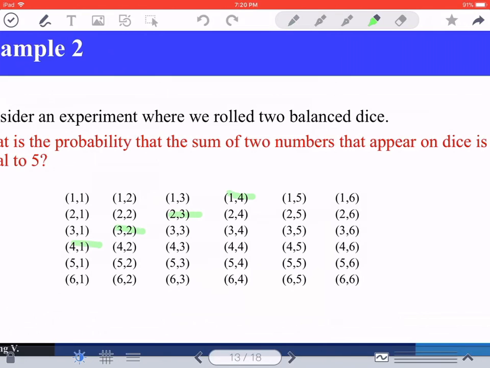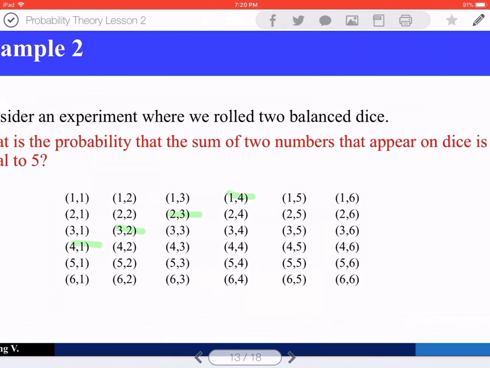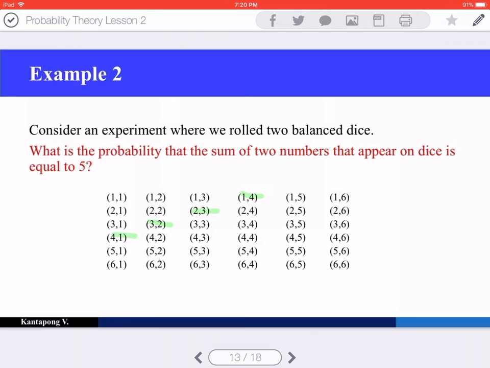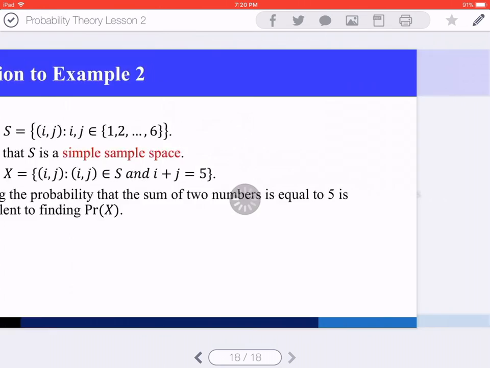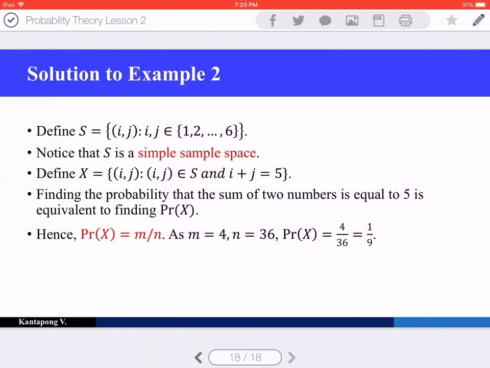So we have 4 outcomes that we are interested in out of 36. So that means if we form the solution like this, we can apply the formula like this. m equal to 4, n equal to 36. So the probability of X is equal to 4 over 36, which is equal to 1 over 9.